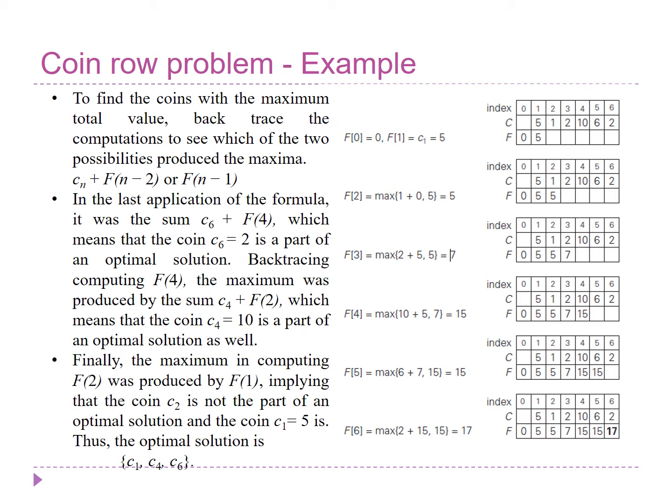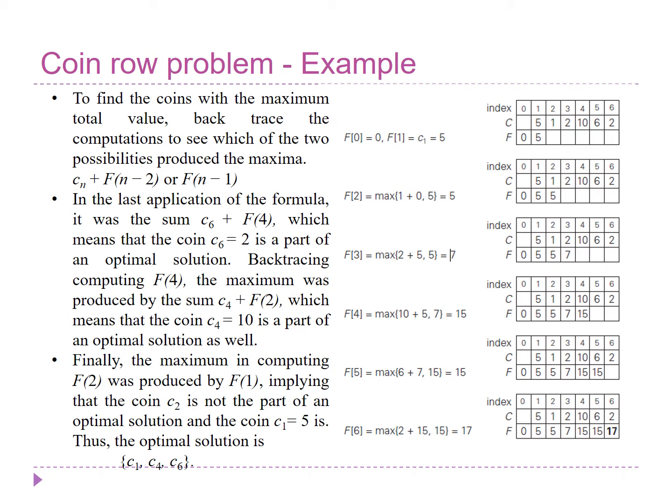In the last application of the formula, it was the sum c suffix 6 plus f of 4, which means that the coin c suffix 6 equals 2 is part of an optimal solution. Hence, backtracing to the computation of f of 4, the maximum was produced by the sum c suffix 4 plus f of 2, which means that the coin c suffix 4 equals 10 is part of an optimal solution as well.